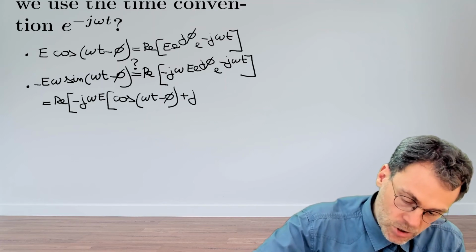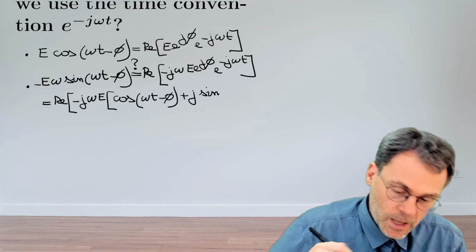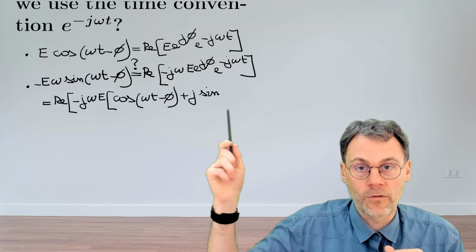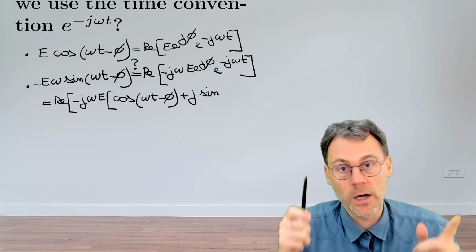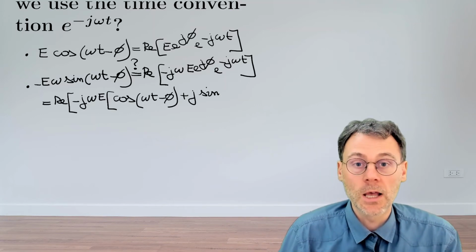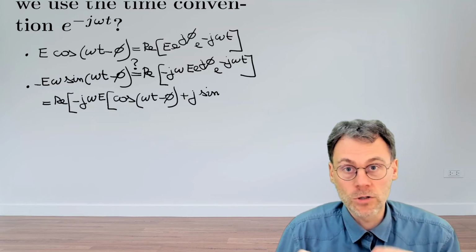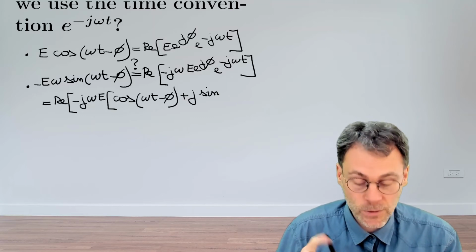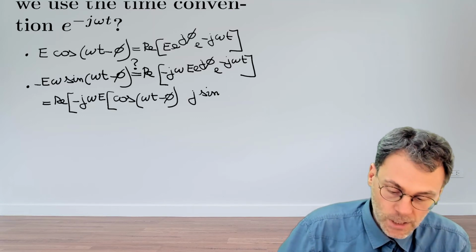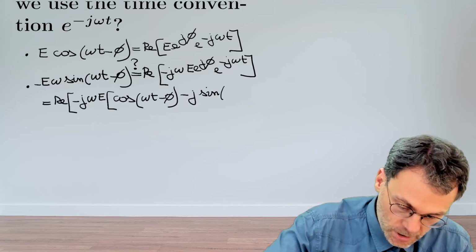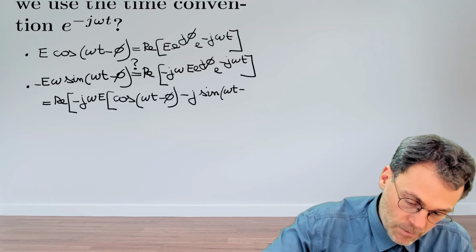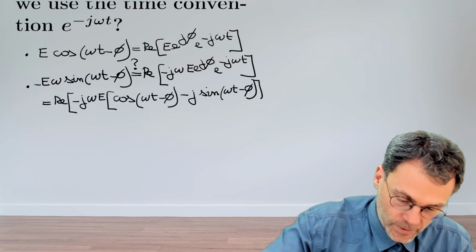And then plus j sine of phi minus omega t, which again we would like to write with an omega t first. The sine is not an even function, so we can flip that, but the price we pay for that is also to have an extra minus sign in front. So this becomes minus j sine omega t minus phi.